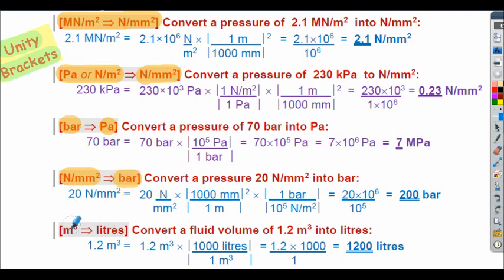Also included for reference is the conversion from meters cubed to litres. They're all particularly relevant to mechanical engineering and specifically within this presentation fluid mechanics. I'll let you review these unity brackets at your own pace.